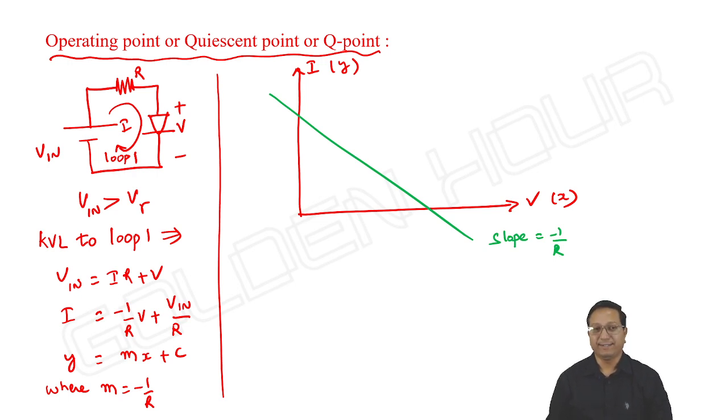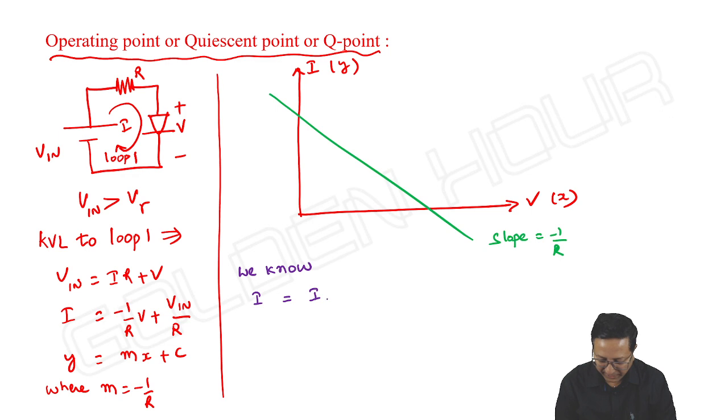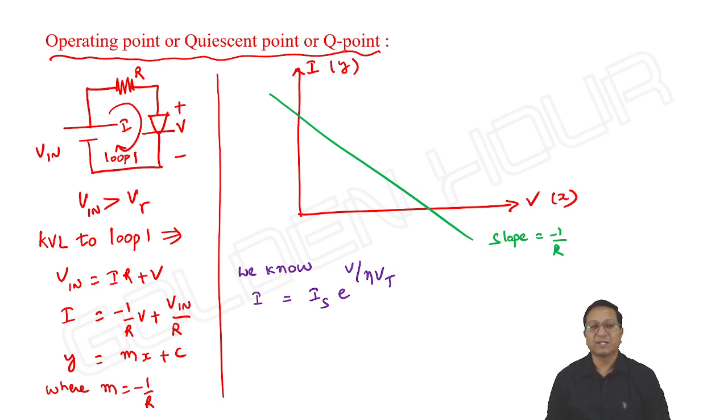Keep it aside. Now we know, what is the current equation of a PN junction diode? I is equal to Is into e power V by eta Vt. Of course, minus 1 is there. I am not considering the 1 because once the diode is in conduction, compared to the exponential term, 1 is negligible. We are well aware of it.